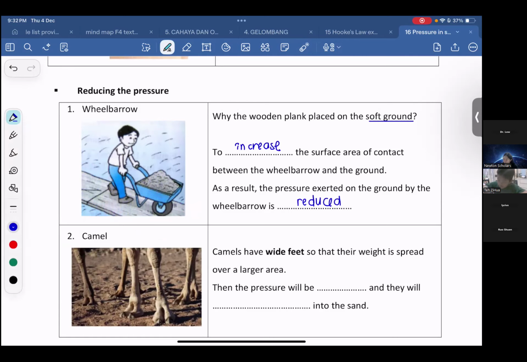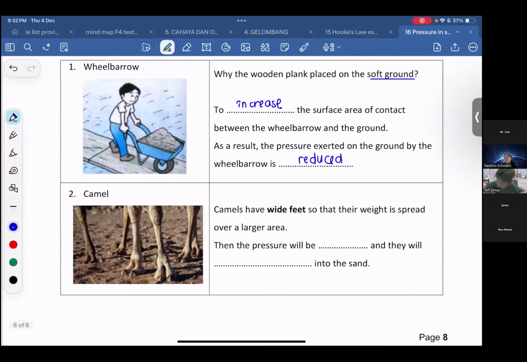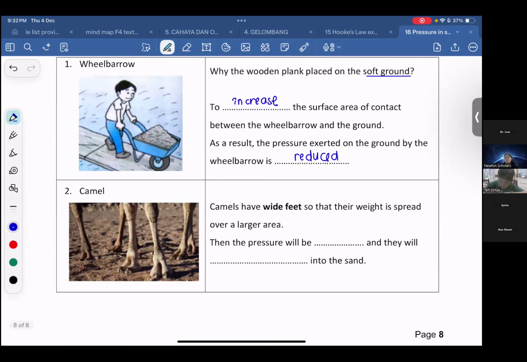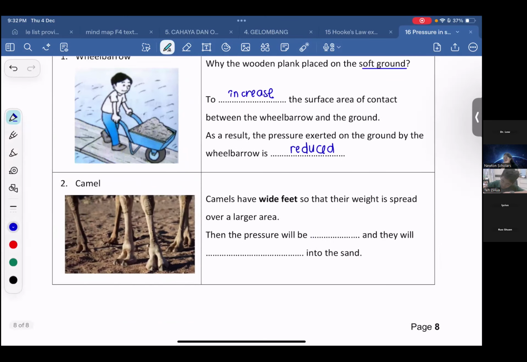Okay, camel. Emma, in year 9 you learn about science, I'm not sure under what chapter, but adaptation. Why can a camel survive, adapt to the environment? They have wide feet, larger feet. It's because their mass is very big. Their weight is larger.